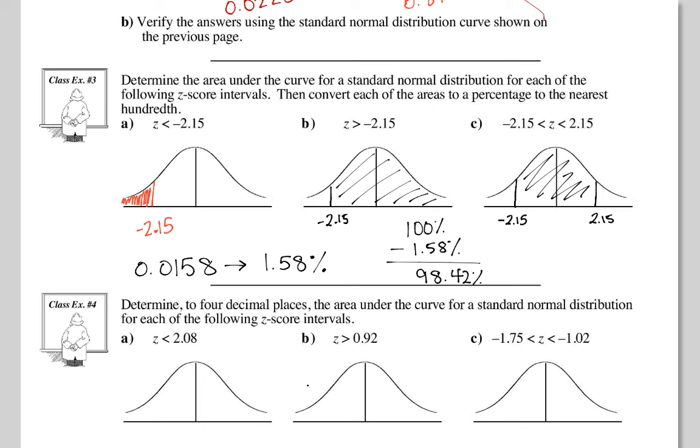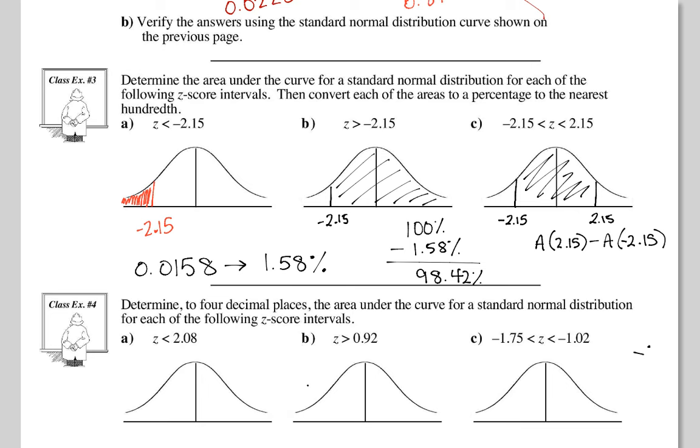It's the big area coming from this one. So it's the area of the 2.15, take away the area of the negative 2.15. Z-score. And that will give you the stuff in between. Okay, so area of the 2.15, take away the area of the negative 2.15.